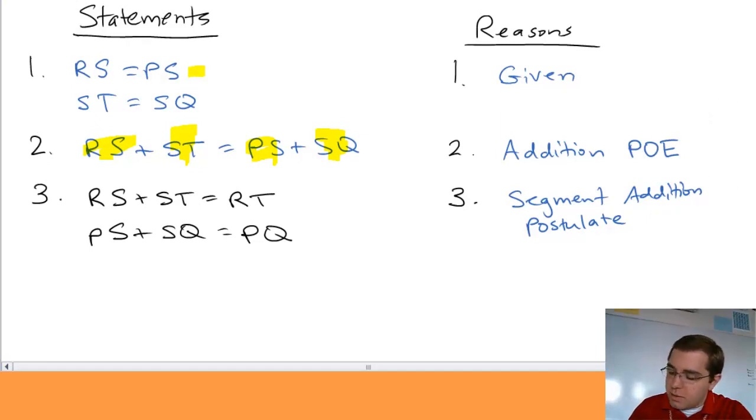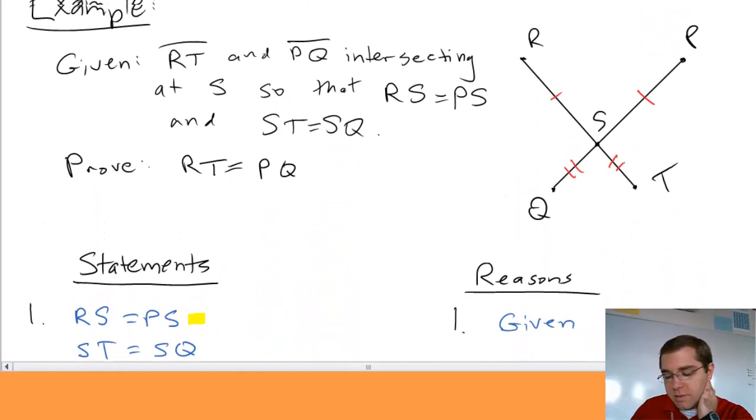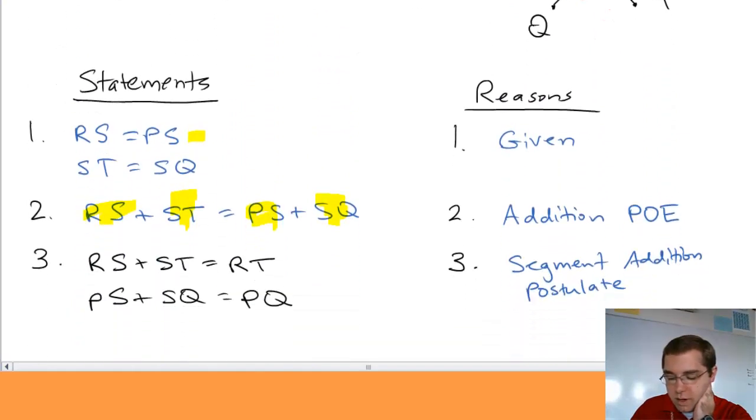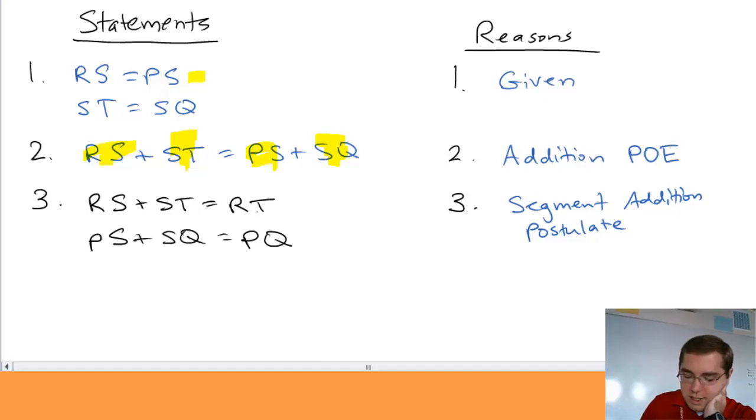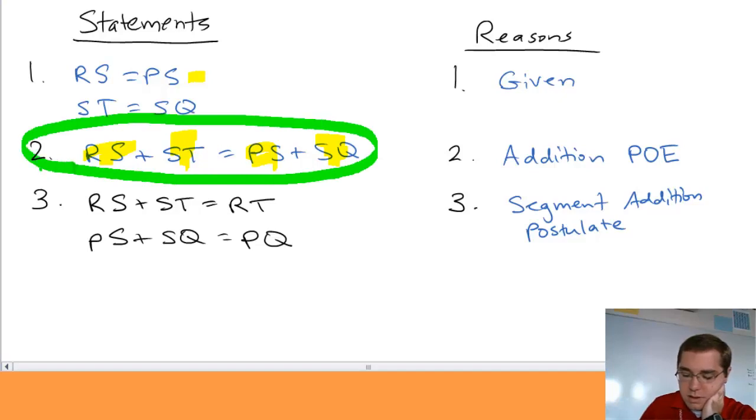Now we're almost there. Remember, we wanted to say that RT equals PQ. Well, we know that RT is RS plus ST, and PQ is PS plus SQ. But if we look at statement number 2, right here, we've said that RS plus ST is the same as PS plus SQ.